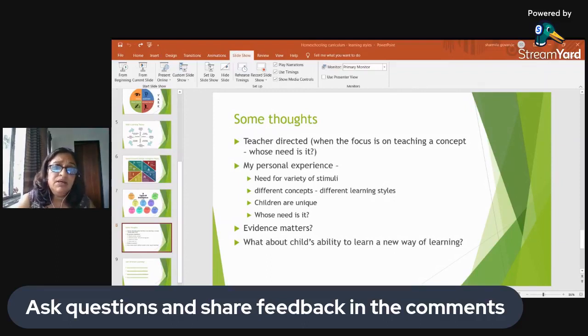and I am right now thinking about. One is most of these learning styles are helpful to a teacher directed program, where a teacher is trying to teach a concept to a child. The teacher already has a goal or an outcome in mind, that the child needs to learn this, and then the teacher observes and says, okay, this child likes to be on the move all the time, so I need to engage this child with doing something.